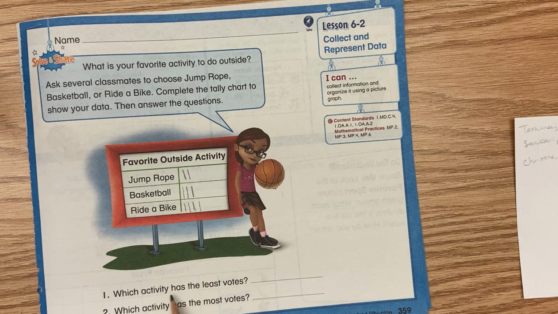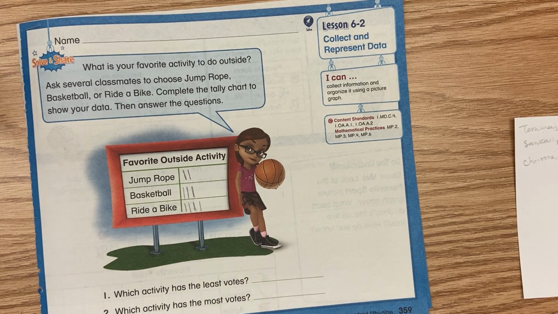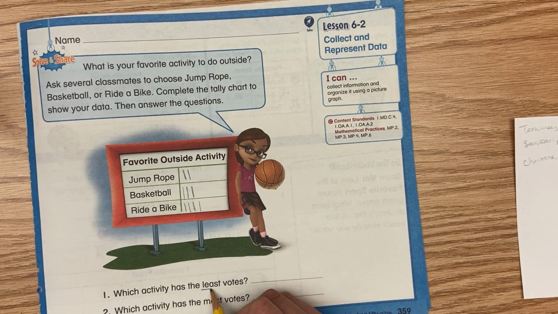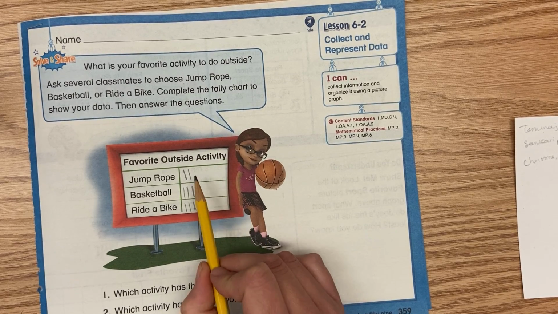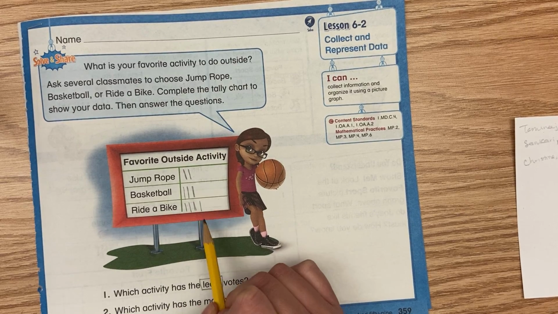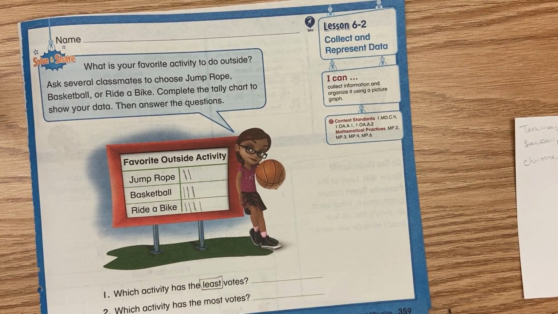It says, which activity has the least votes? Okay, least, don't forget. So we are going to look for the activity that has the least amount of votes or tally marks. Okay, jump rope has 2, basketball has 3, ride a bike has 4.